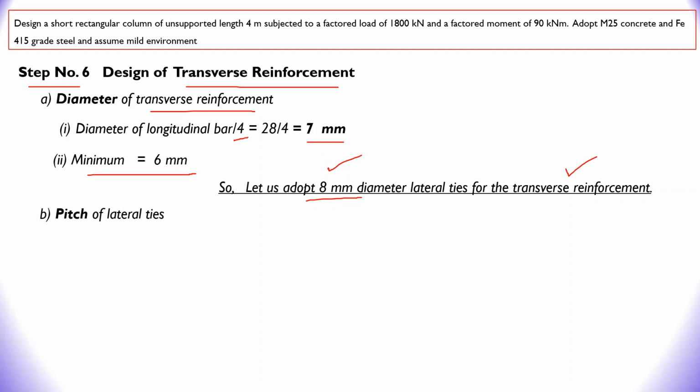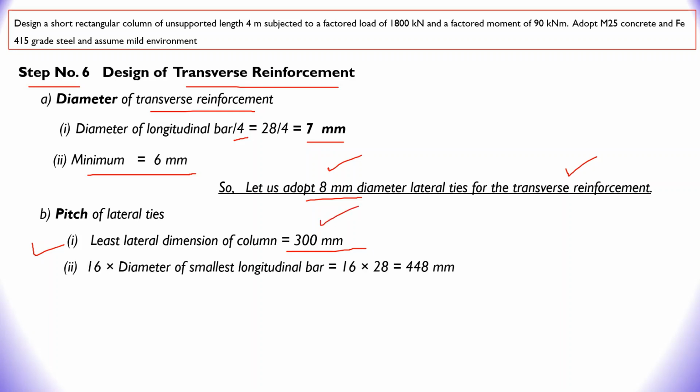Now at this point we have to decide what should be the pitch. The first point for pitch is that we have to check the least lateral dimension. The column is 300 by 400, so the least dimension is 300, and the second is 16 times the diameter of the smallest longitudinal bar. Here we are providing same diameter bars, so it comes out to 448.